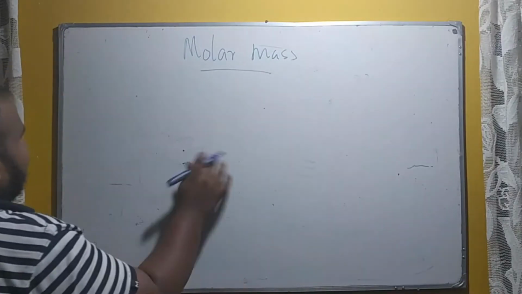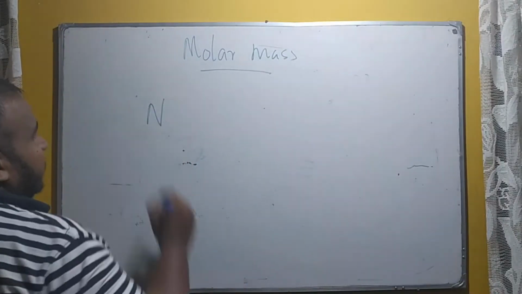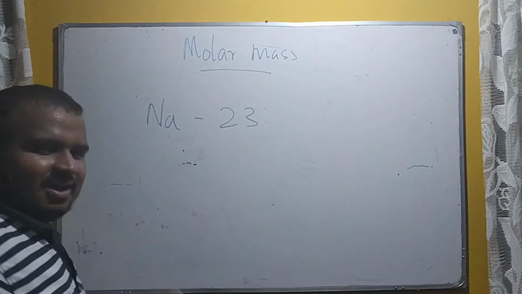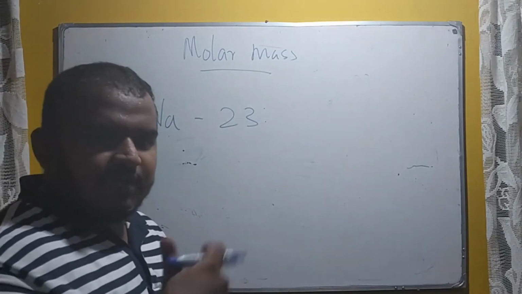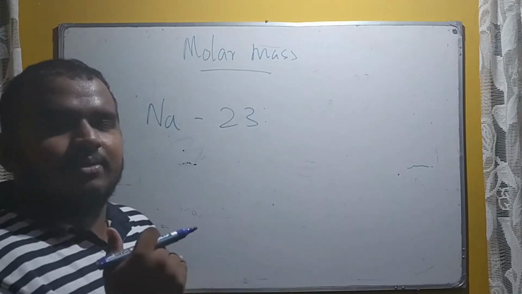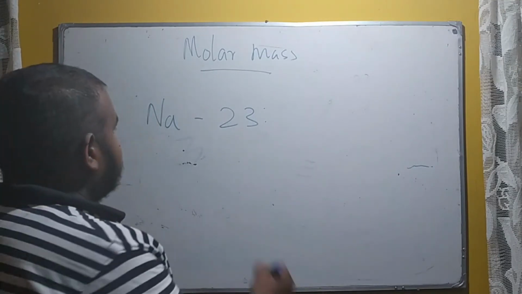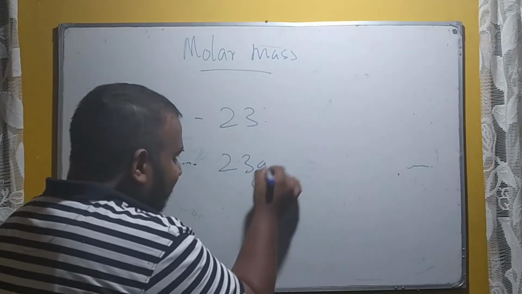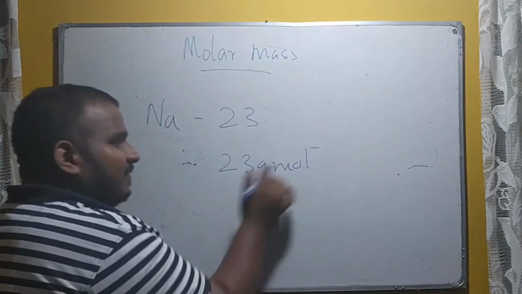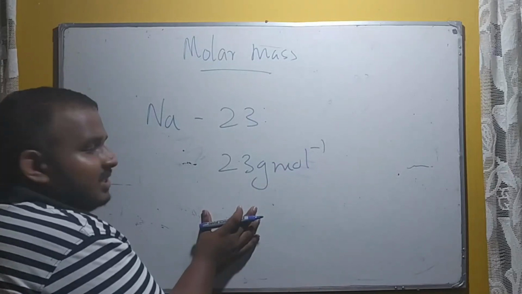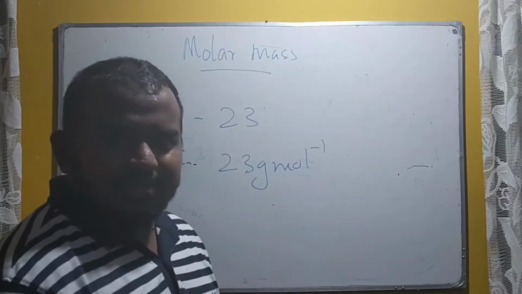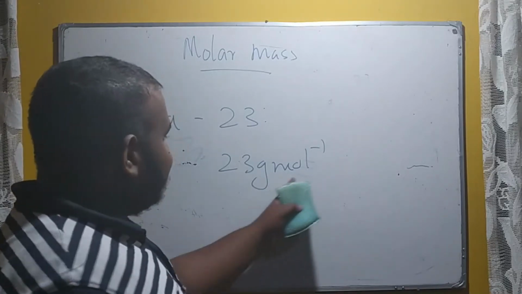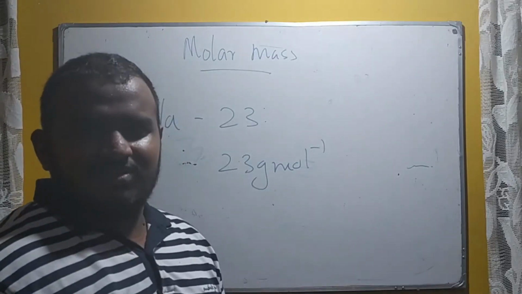If they ask you what is the relative atomic mass of sodium, you will say 23. But the very next question, if they ask you what is the molar mass of sodium, you should say the same thing, 23 gram per mole. Same value. The relative atomic mass has no unit, but the molar mass has a unit. That is gram per mole.